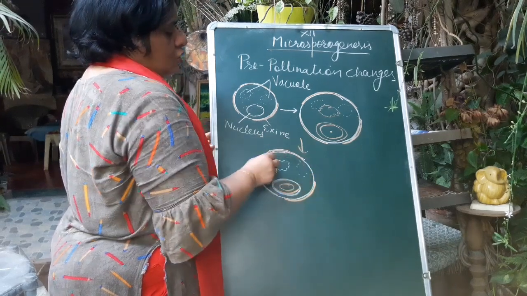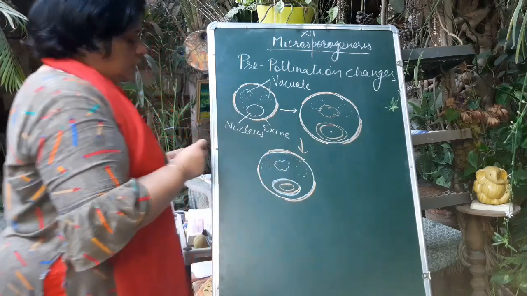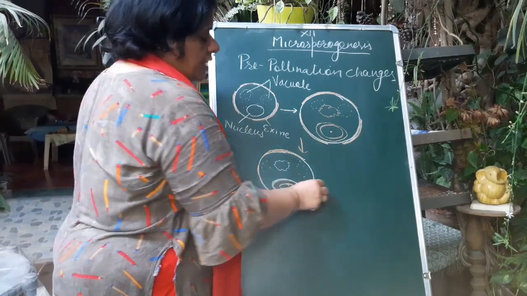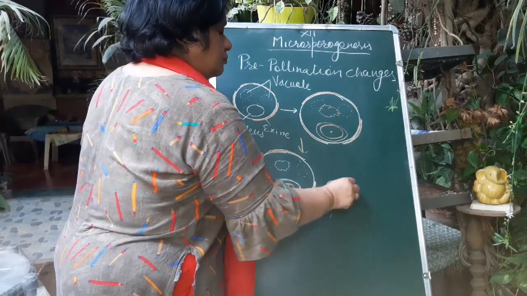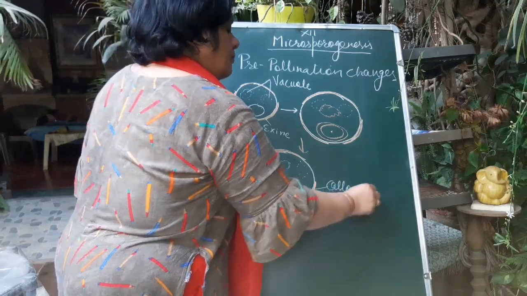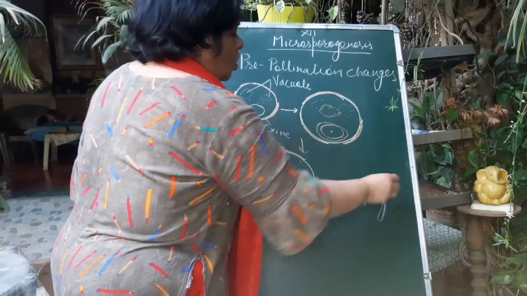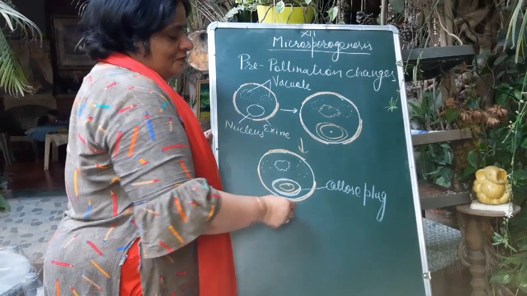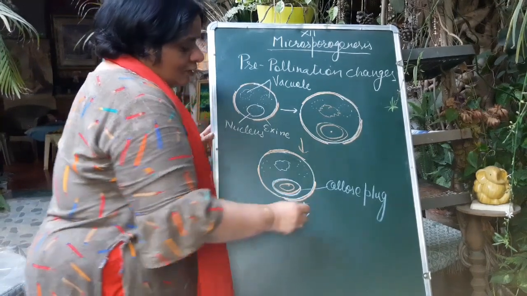These are vacuoles. Then this is formation of callose plug. This is callose plug. Later on, this callose plug gets dissolved.